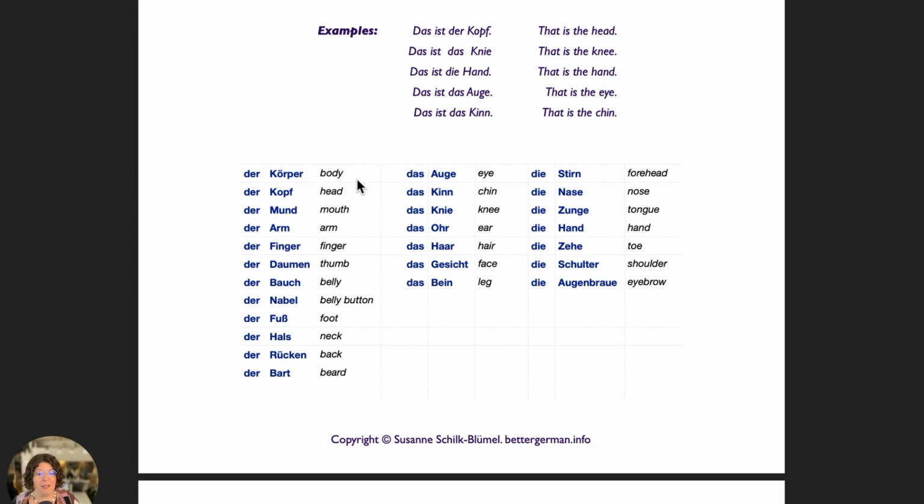Das ist der Körper. Das ist der Kopf. Das ist der Mund. Das ist der Arm. Das ist der Finger. Das ist der Daumen.